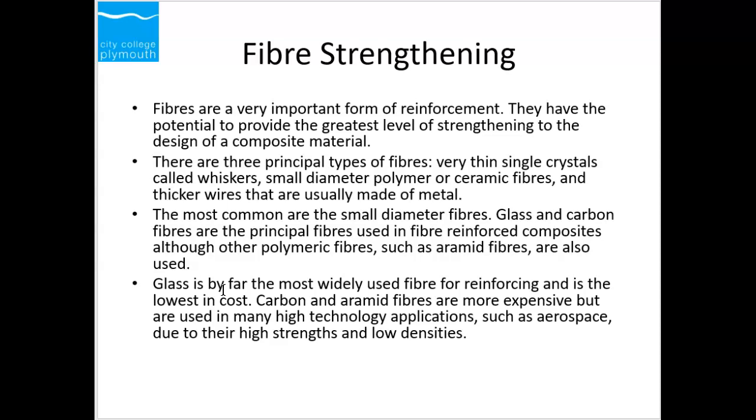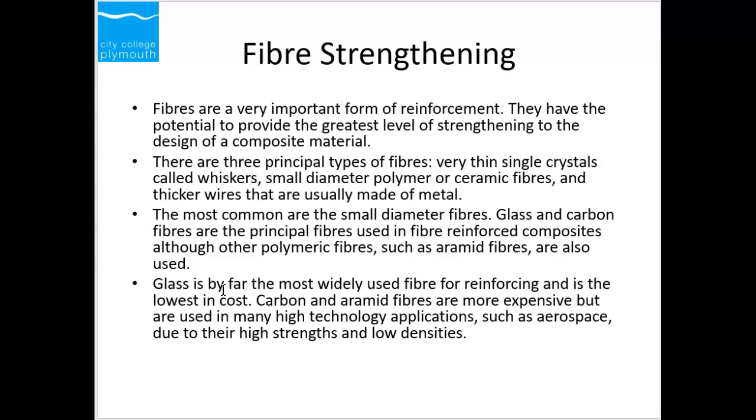Now, there are three types of fiber: very thin single crystals called whiskers, small diameter polymer or ceramic fibers, and thicker wires that are usually made of metals. The most common are the small diameter fibers.